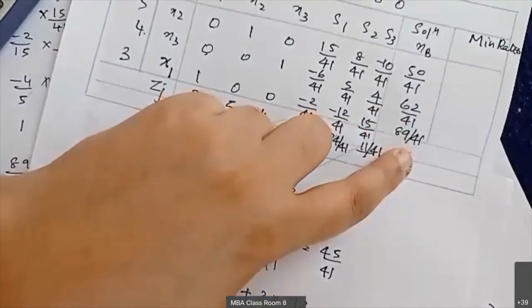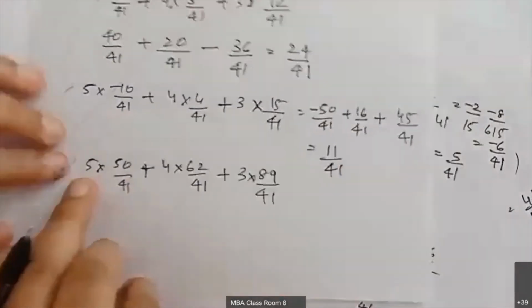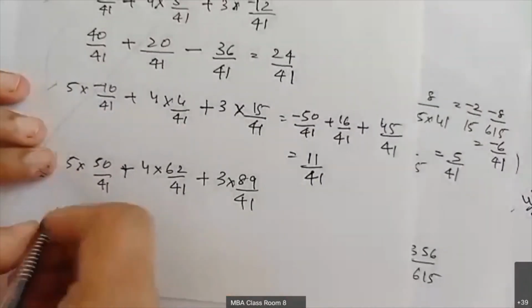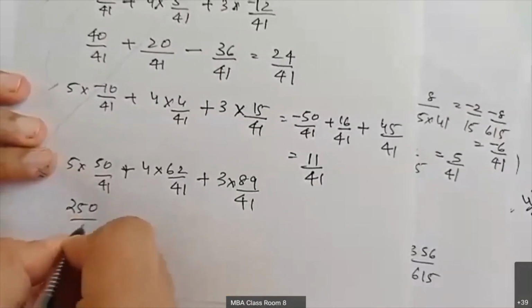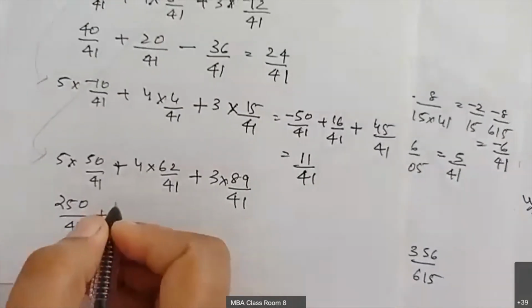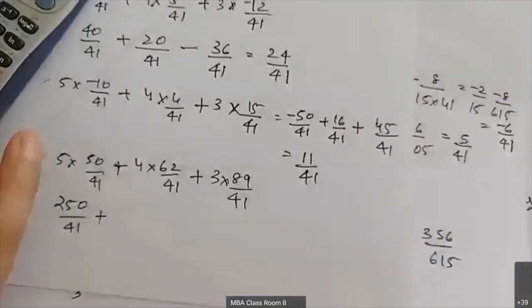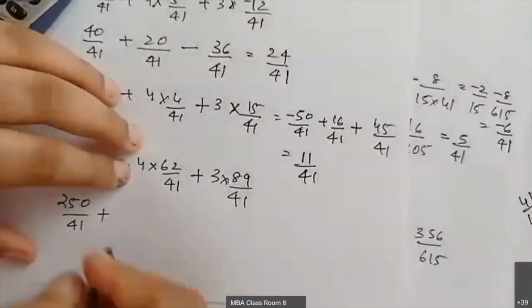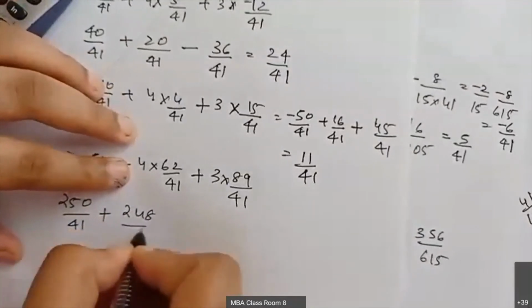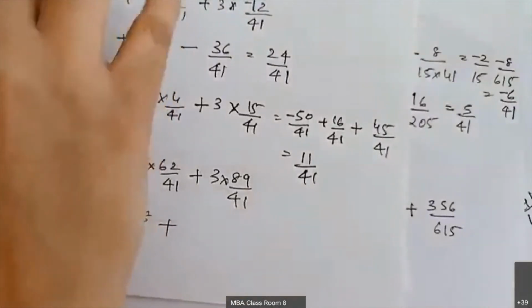Okay, this one. That is 250 divided by 41 plus 62 into 4, which is 248, plus 89 into 3.